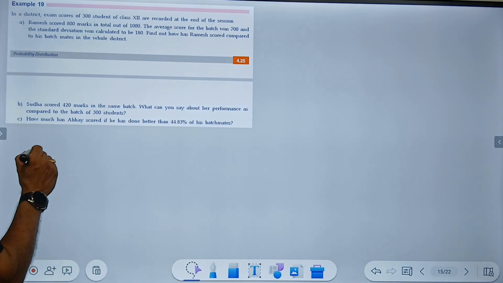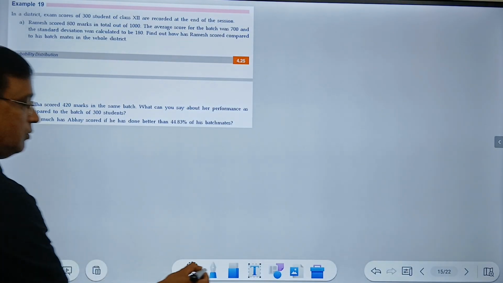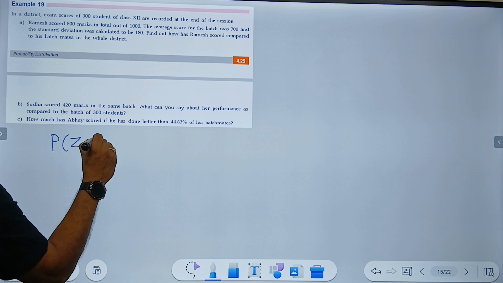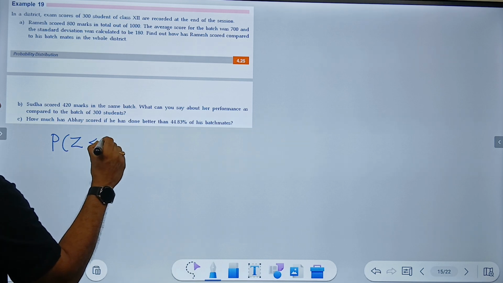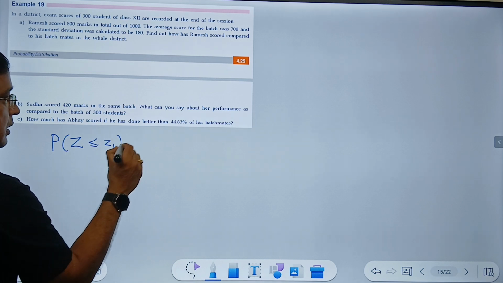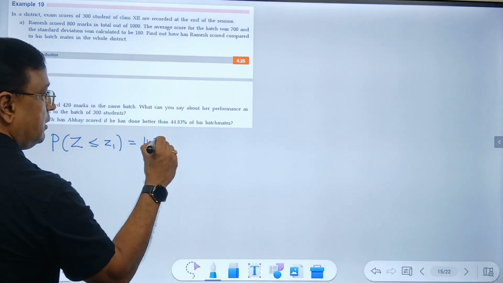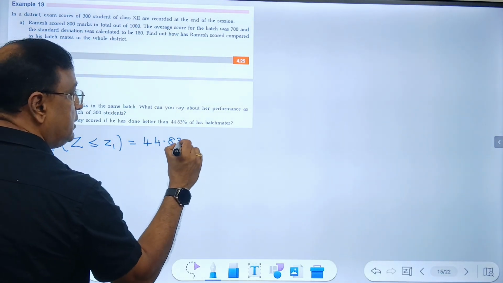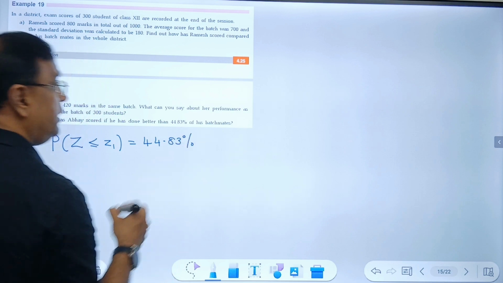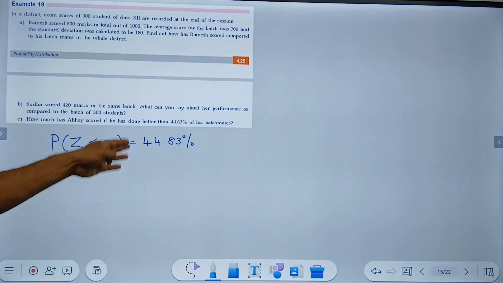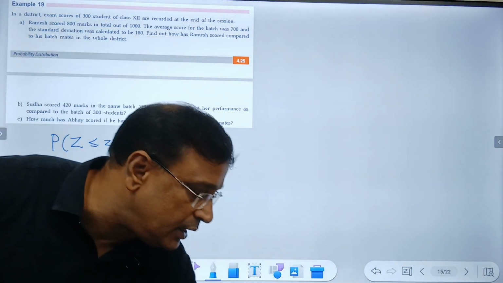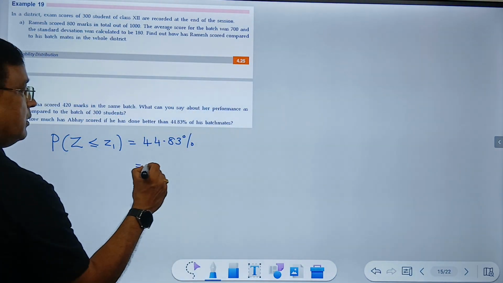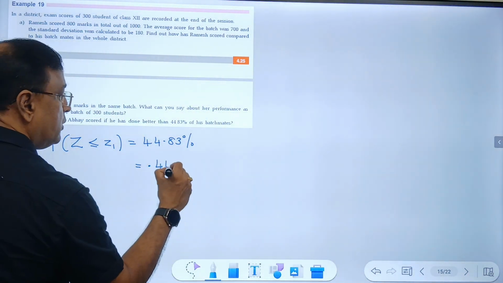So that means I want to know, here it is given less than or equal to Z1 is 44.83%. Here the area is given to you, which is roughly 0.4483.